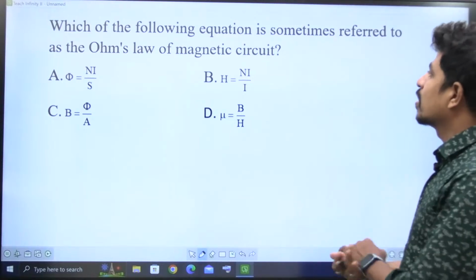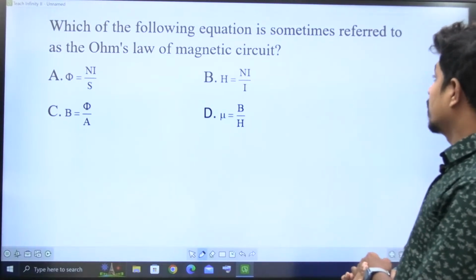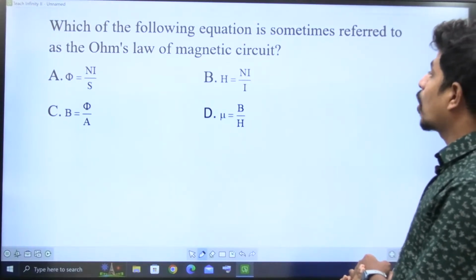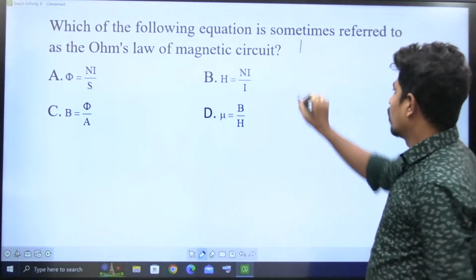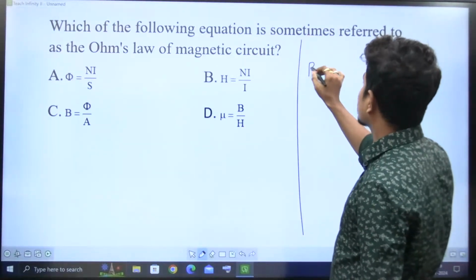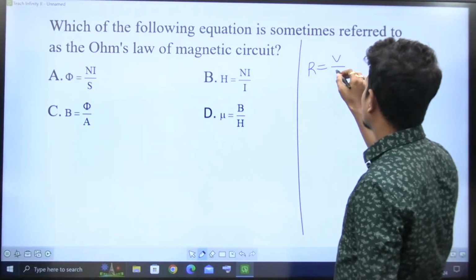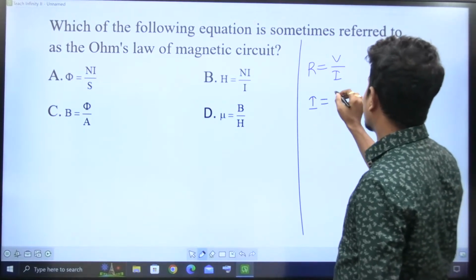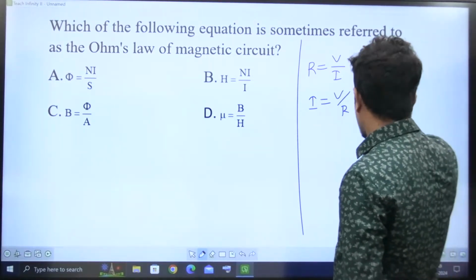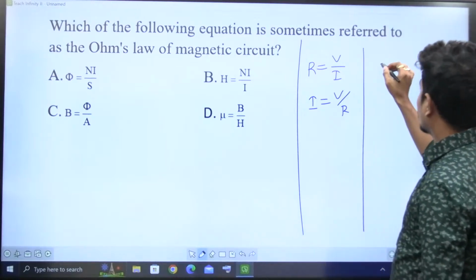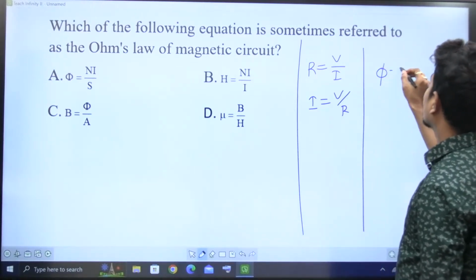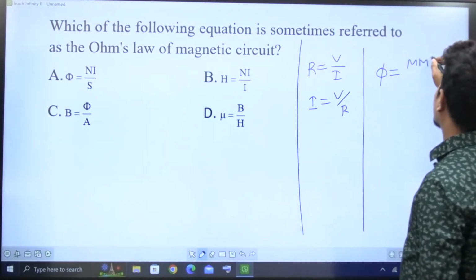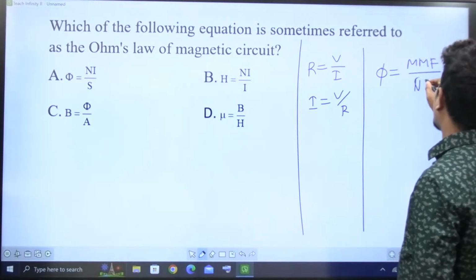Next question, please. Which of the following equations is sometimes referred to as the Ohm's law of magnetic circuit? First of all, what is Ohm's law? Resistance is equal to voltage divided by current, or current is equal to voltage divided by resistance. This is Ohm's law. Now, in a magnetic circuit, flux is equal to MMF by reluctance.